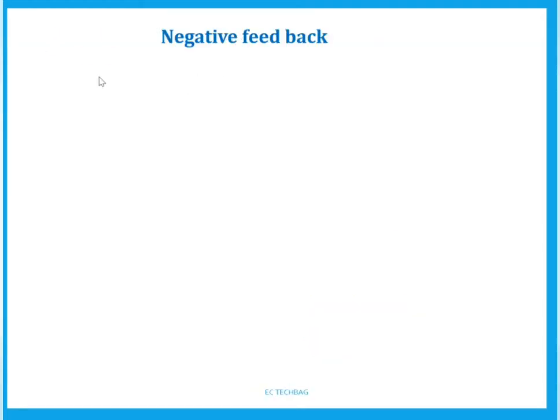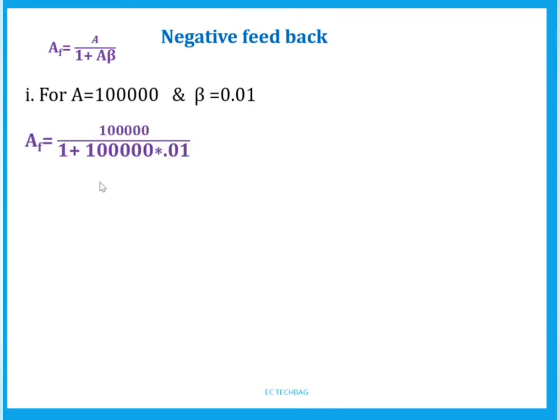In negative feedback, with feedback, the gain AF is equal to A by 1 plus A beta. Let us take one example. A is equal to 10 power 5 and beta is 0.01. Then the gain with feedback is almost 99.9.